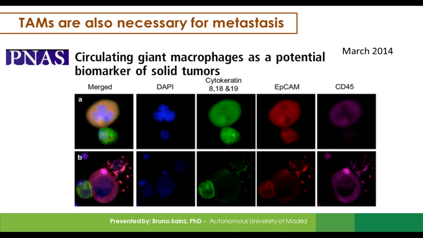The cells in circulation expressed both epithelial cell markers, you can see here EpCAM positive, cytokeratin positive, and at the same time expressed immune cell markers, for example, CD45. So they were able to identify circulating tumor cells that also expressed markers present on immune cells, and they suggested that these cells were circulating giant macrophages that had fused with circulating tumor cells.